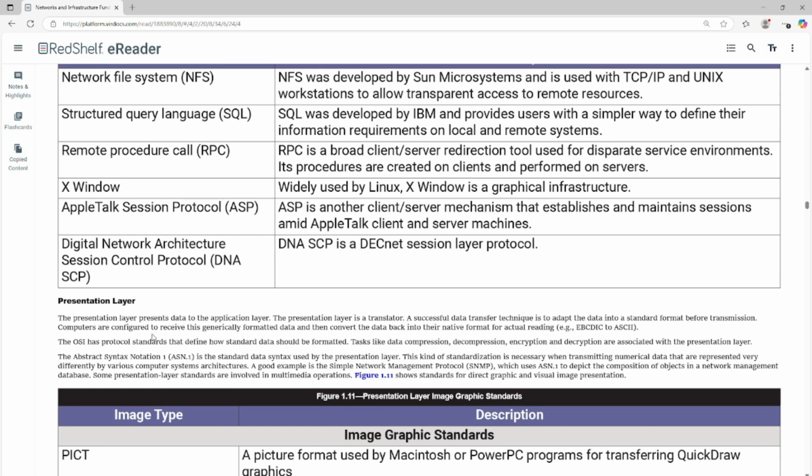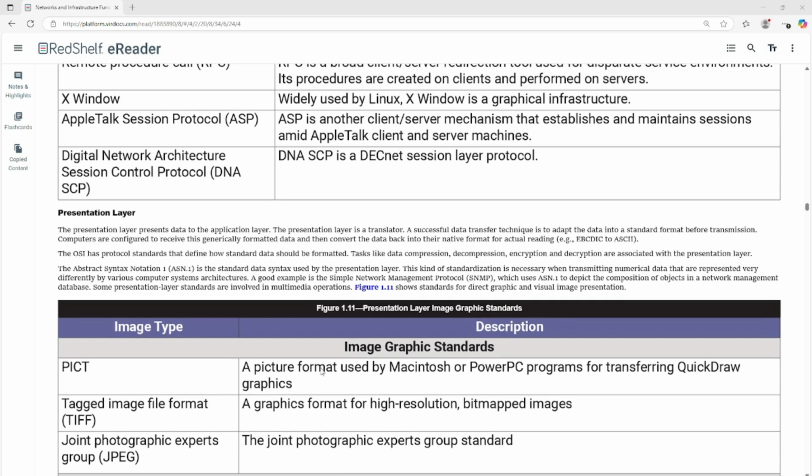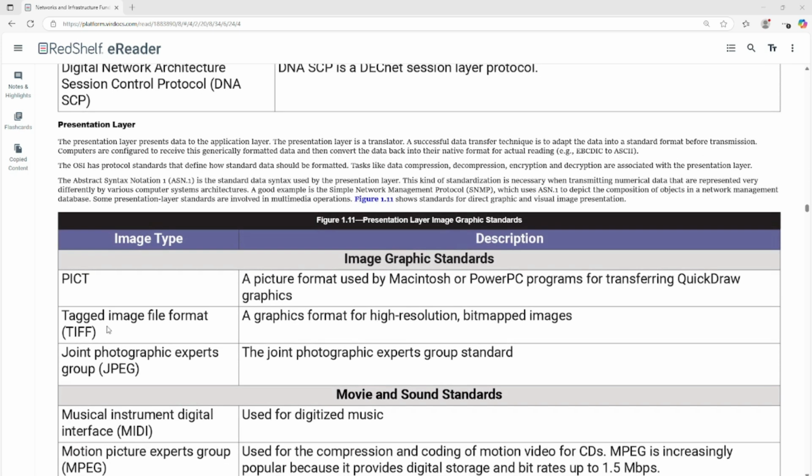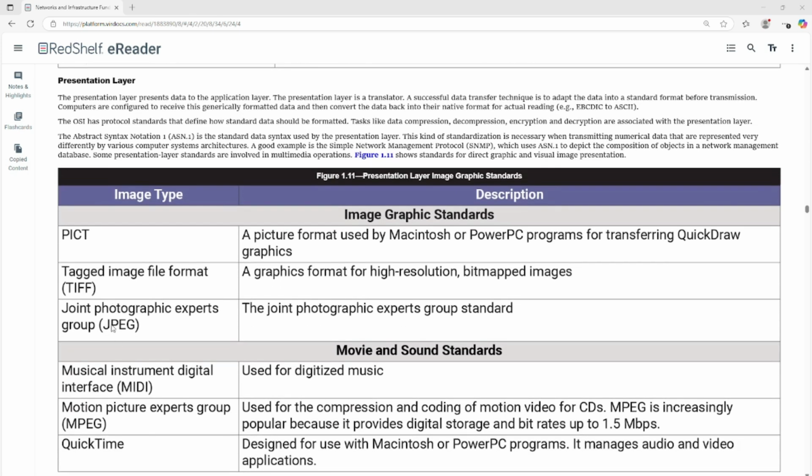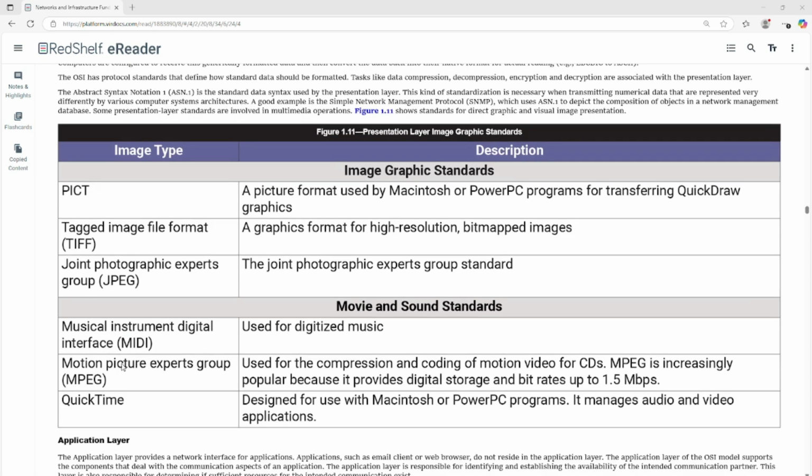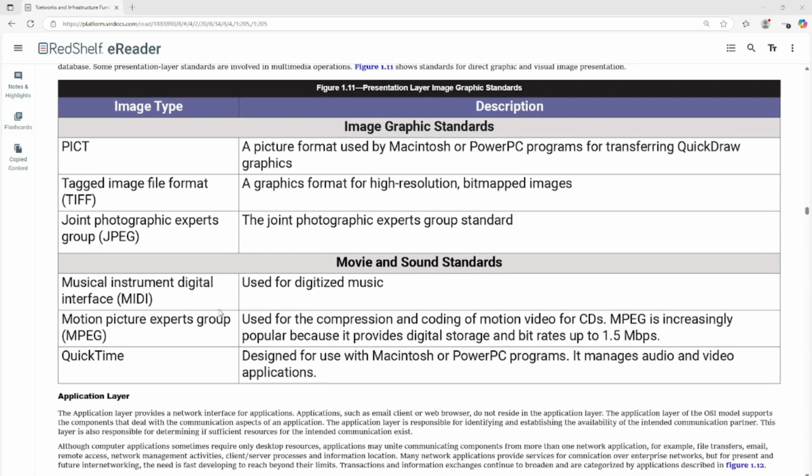Keep those in mind at the presentation layer. The table in figure 1.11 lays out presentation layer image graphic standards. Some of us are familiar with standards like JPEG and MPEG, very common.